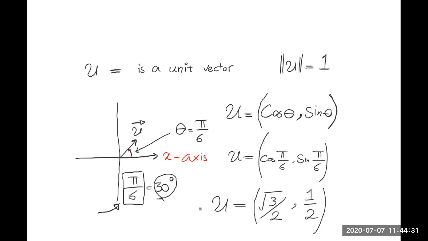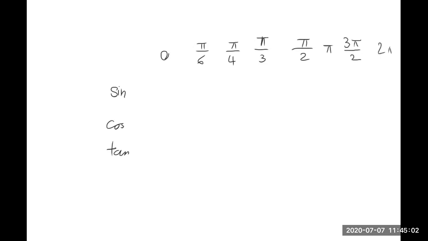It's very good. You know, trigonometry is not crucial for this course, but it would be very good if you review trigonometry. Especially, it would be good if you review what is sine, cosine, and tangent of 0, pi over 6, pi over 4, pi over 3, pi over 2, pi, 3 pi over 2, and 2 pi.